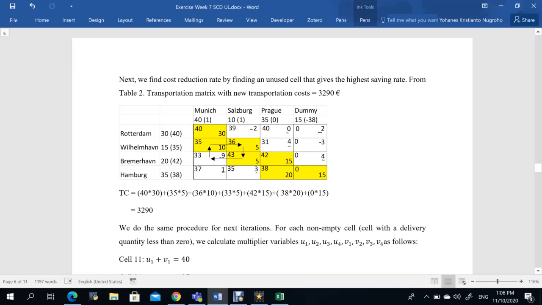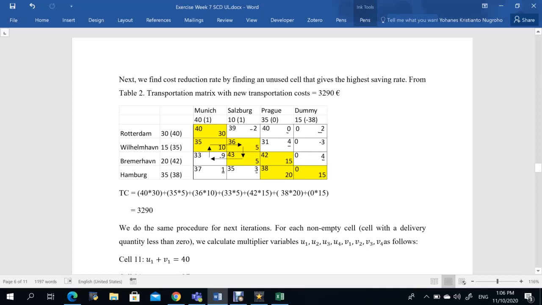And now the question is how to find these values: minus 2, 0, 2, 4, minus 3, 4, 9, 1, or 3. And we do the following. First, here we have cost at 40.